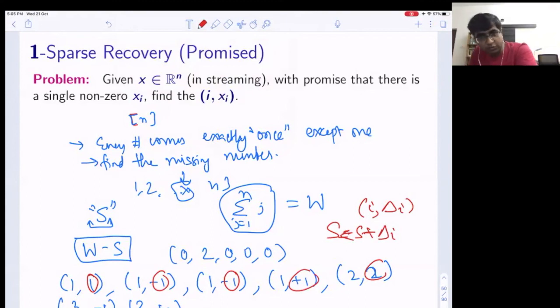If I have promised to you that there is a single non-zero xi, if I sum these numbers, 1 minus 1, 0, minus 1 plus 1, 0, whatever it is, right? So what is left here? Look, every other coordinate is 0 anyway, so those guys are going to contribute 0. What will be left here is xi. Is this clear?